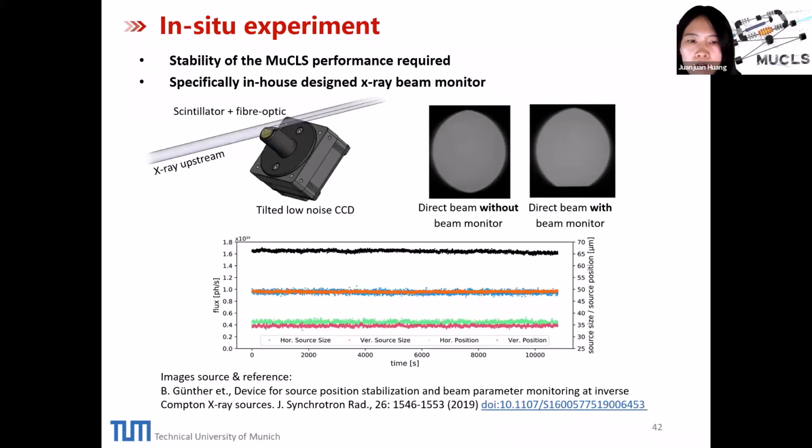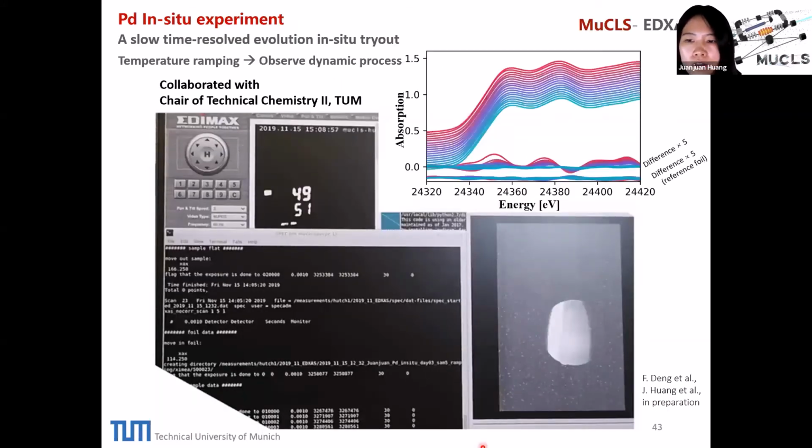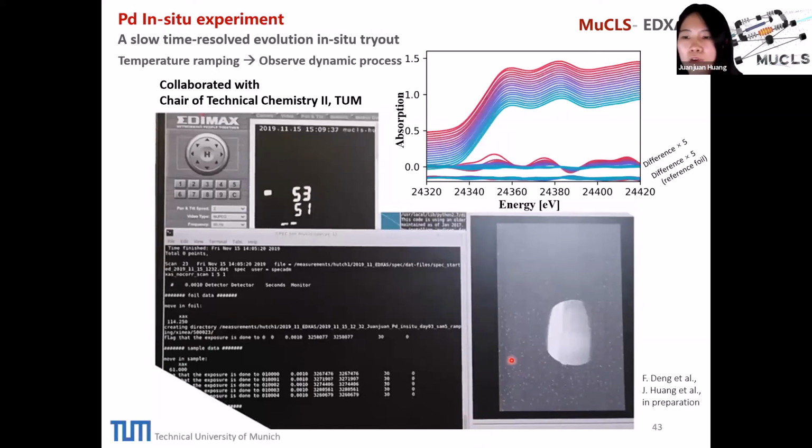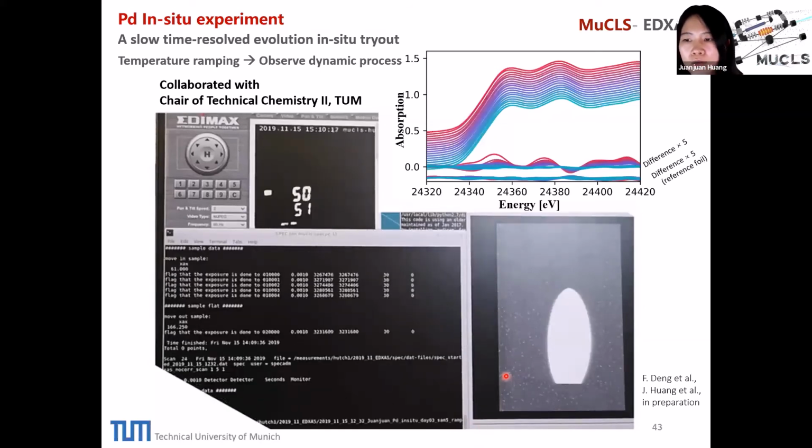This is the X-ray beam without the monitor, and this is with the monitor. Basically the monitor cuts off a portion of the X-ray beam at the bottom. This graph shows the source size and position stability over roughly 3 hours. So it's quite stable, and now we are ready to go for in situ measurement tryout.